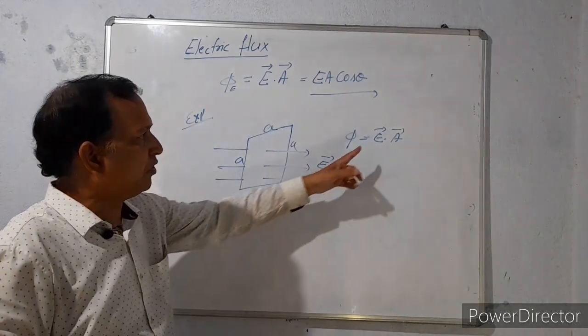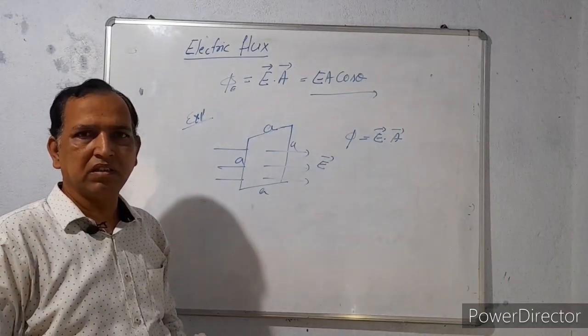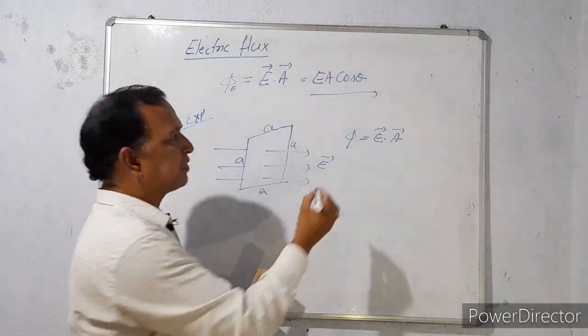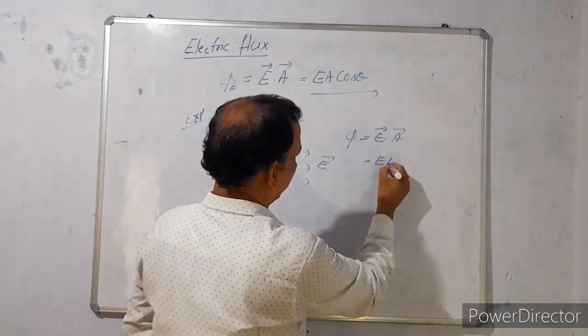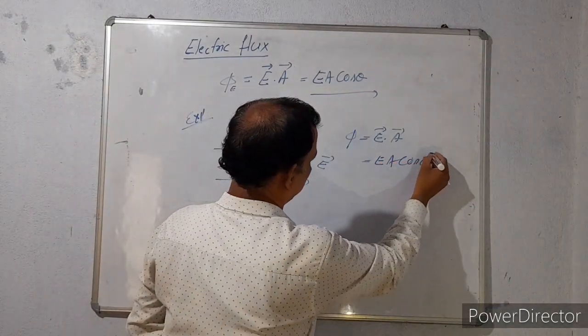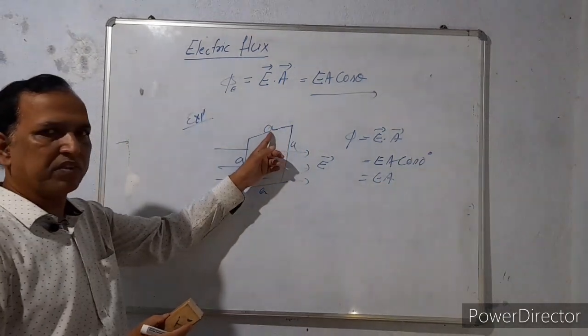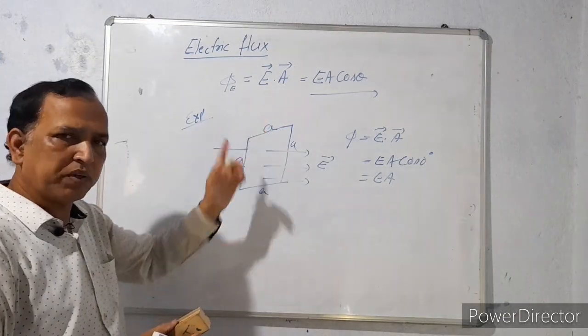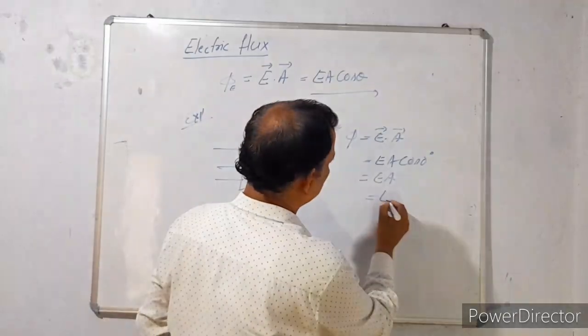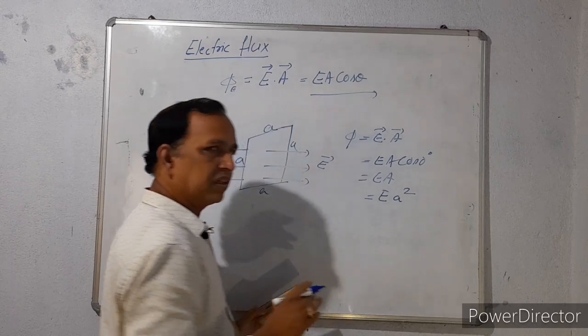So what is the angle between E and A? That is 0 degree. So that is EA cos 0 degree, that is simply EA. If the sides are A, what is the area? A square. So that is equal to EA square. Clear?